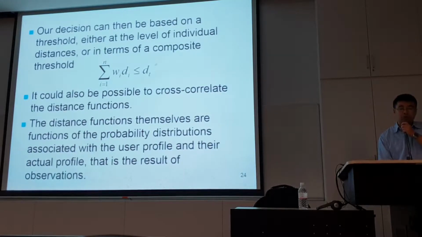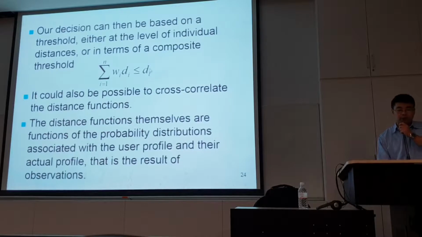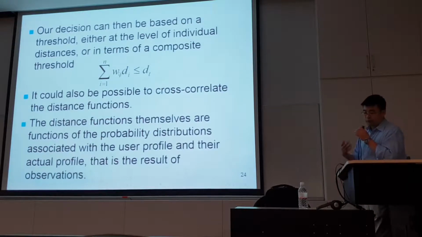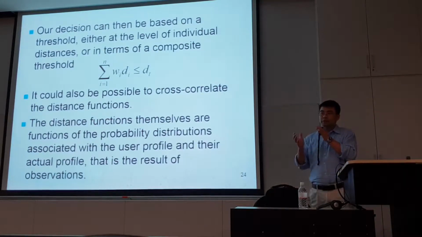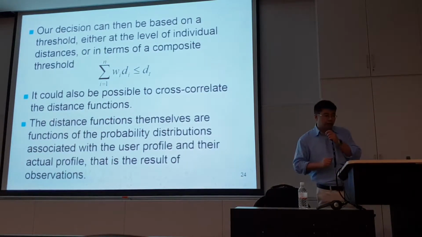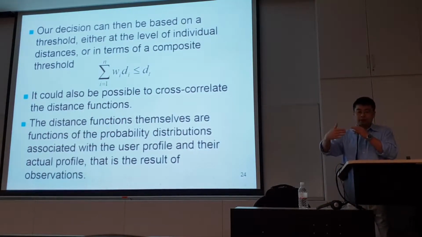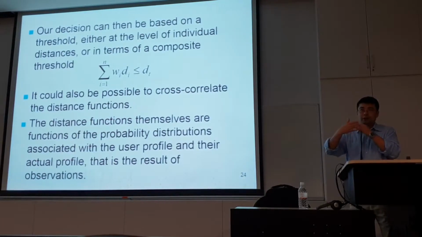You add this weighted sum together and compare it with the threshold. The threshold is for the whole system. Right? So if you add up the weighted distance for all the measurements, and the sum is smaller than the threshold, then you consider that the active profile and the expected normal profile, the base profile, are close.